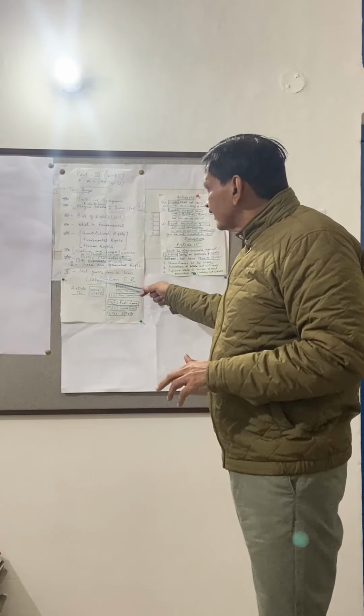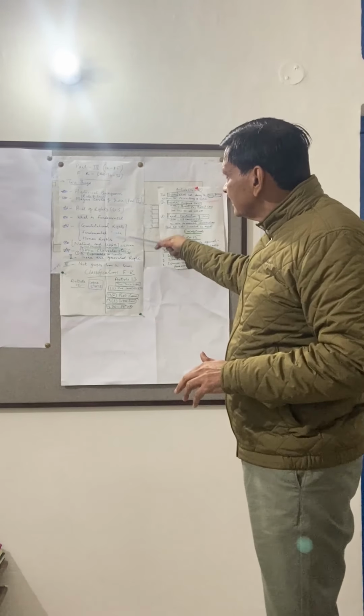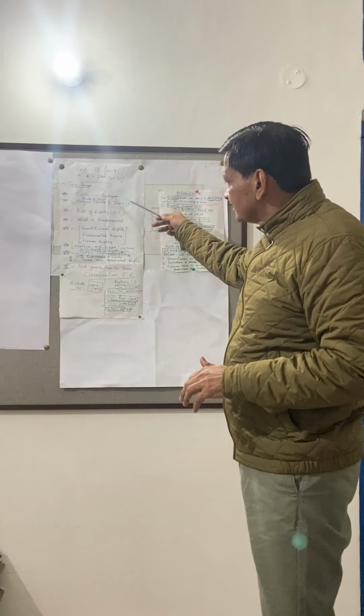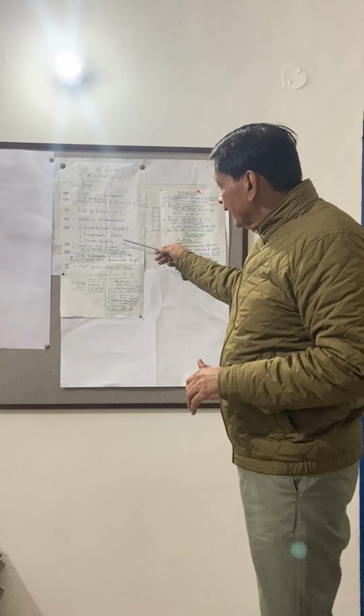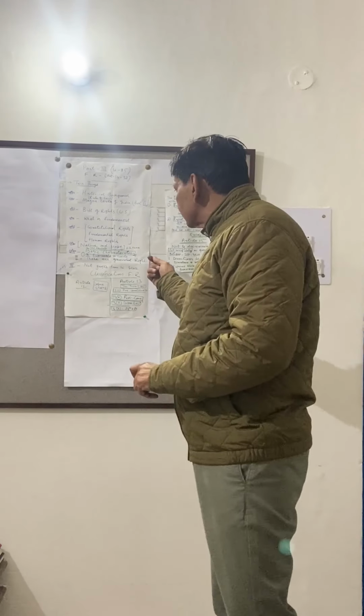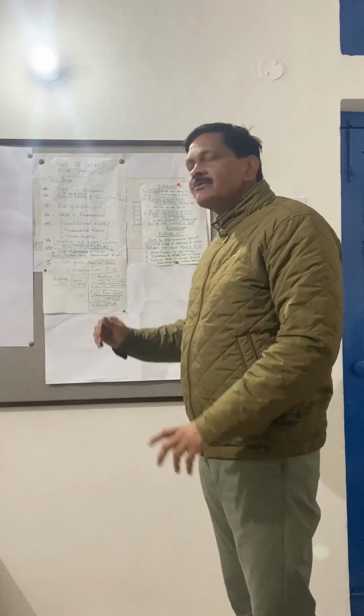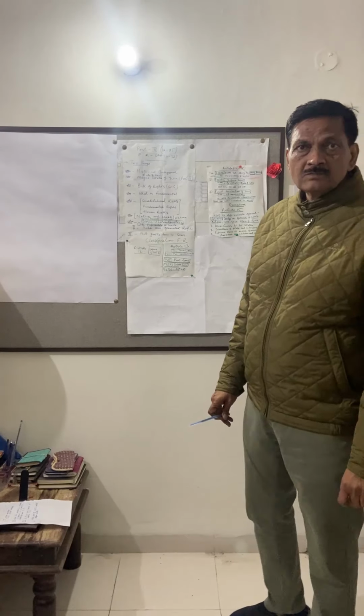I think everyone has grasped whatever I have said. I have tried to explain this on the board also. The next portion of the lecture is devoted to the classification of fundamental rights.